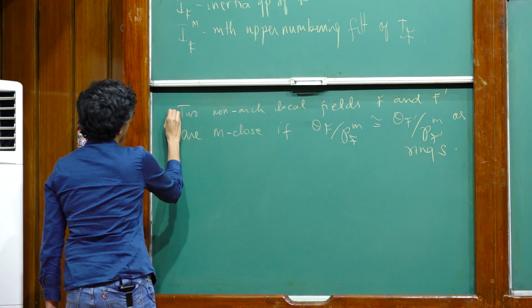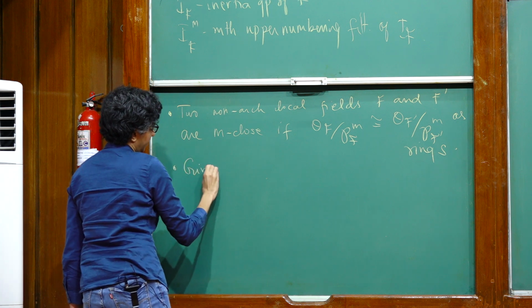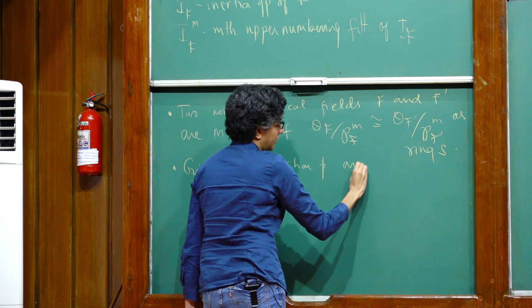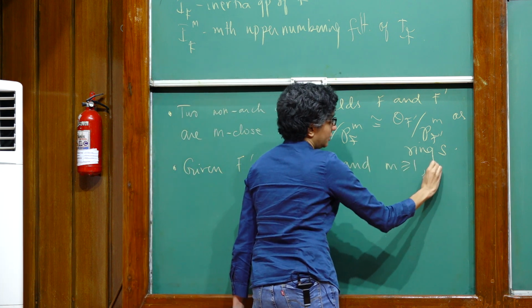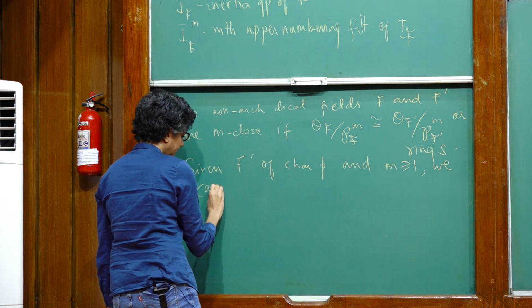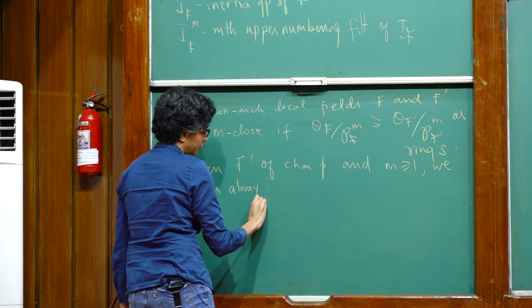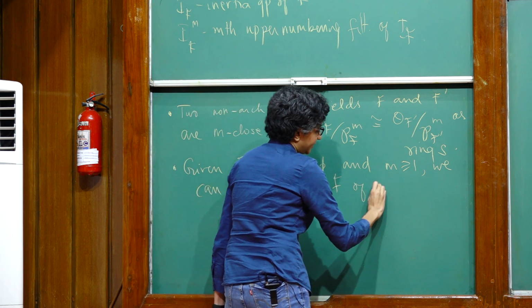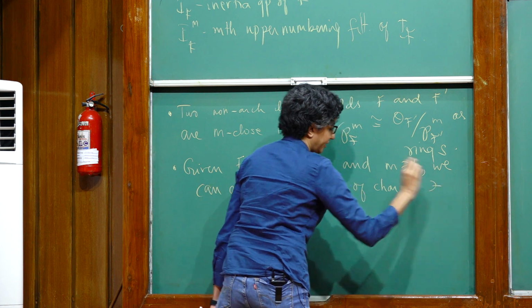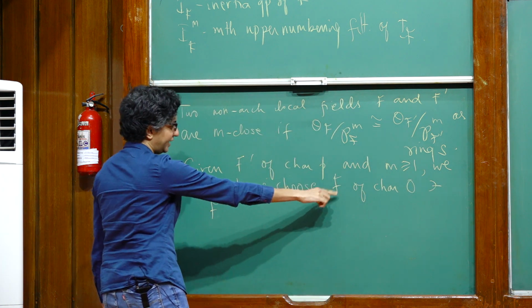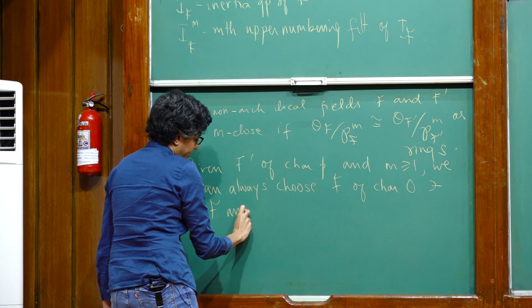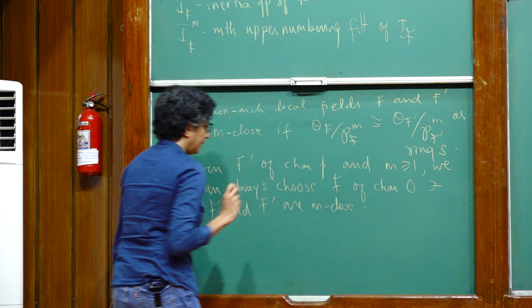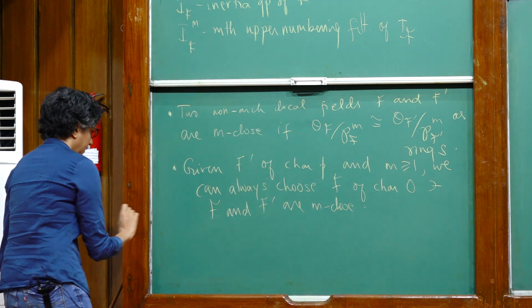And one can note that given F prime of characteristic p and m greater than or equal to 1, we can always choose F of characteristic 0 such that F and F prime are m-close. You just have to choose the field F to be ramified enough such that F and F prime are m-close.